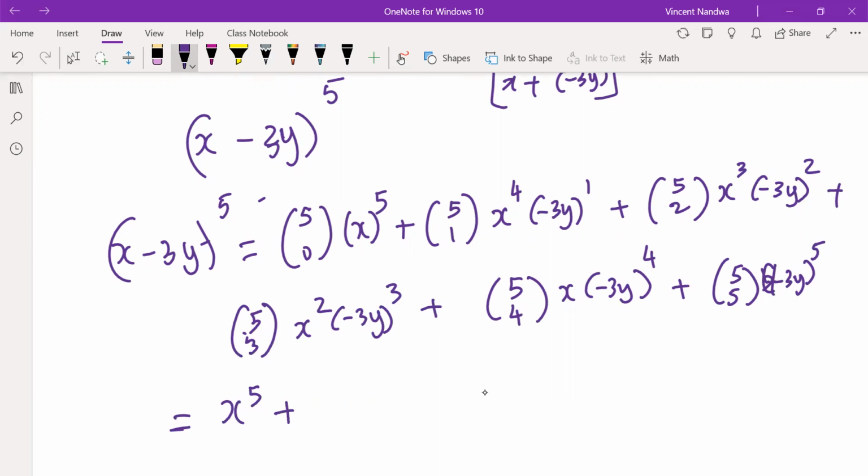5 combination 1 is 5, so 5x power 4 times minus 3y.